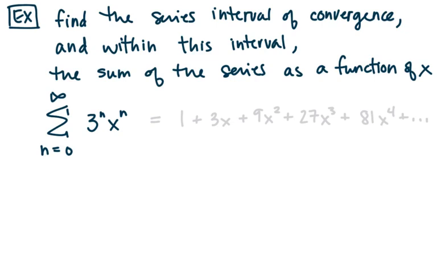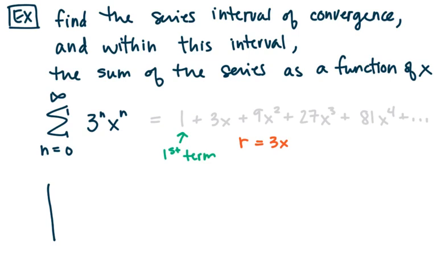And what we notice is that this is geometric. We have a first term, and we know that our common ratio, r, is 3x. The ratio can be found by taking a term and dividing it by the term that comes before it. So the first thing we'll do is use our ratio test again here. Before I do my limit to infinity, I'm just going to set this up.